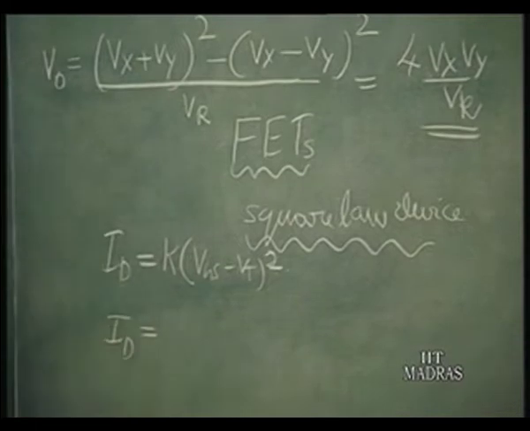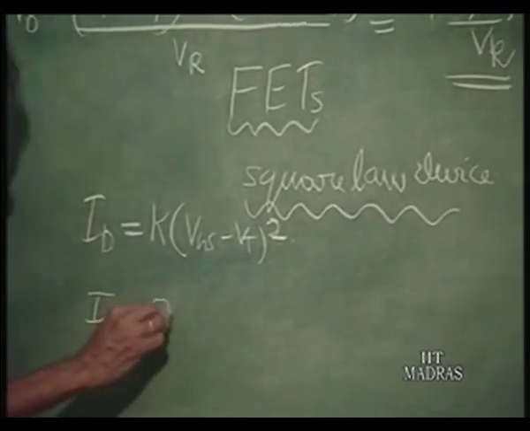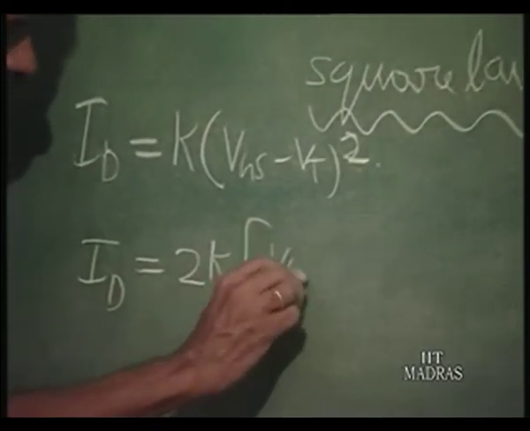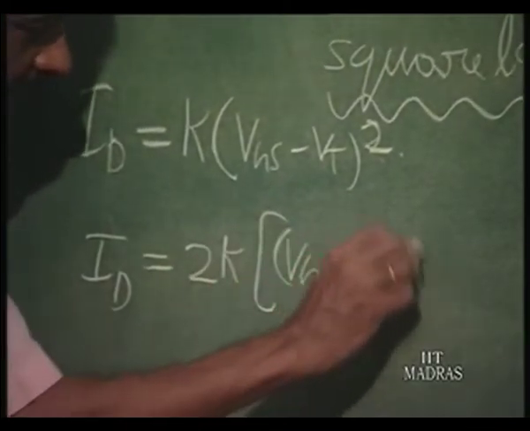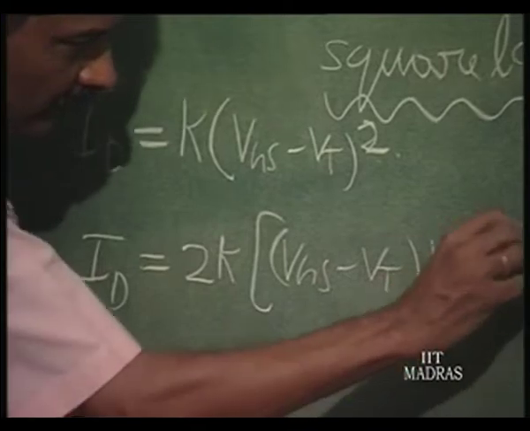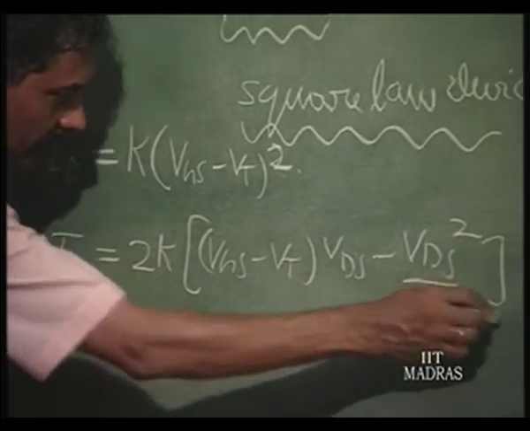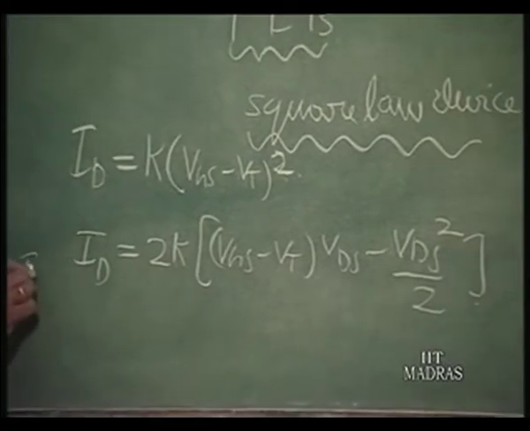Another method is a field effect transistor where ID is equal to 2k times VGS minus VT into VDS minus VDS squared by 2. This is in the triode region.